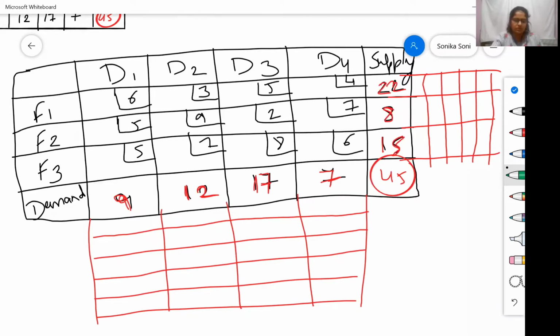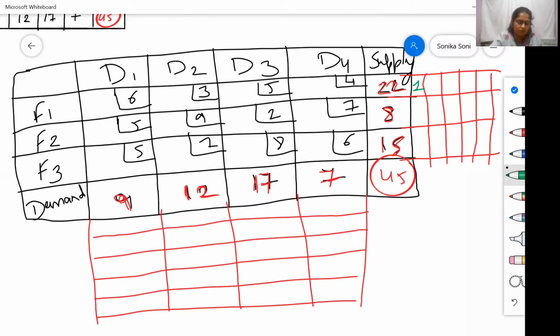Now how we find out the penalties is we have to see the least cost in every row, which means in the F1 row we have to find out the least cost. Which one has the least cost here? First least cost we have in F1 D2, which is 3, and second least cost we have in F1 D4, which is 4, which means the difference between them is 1.